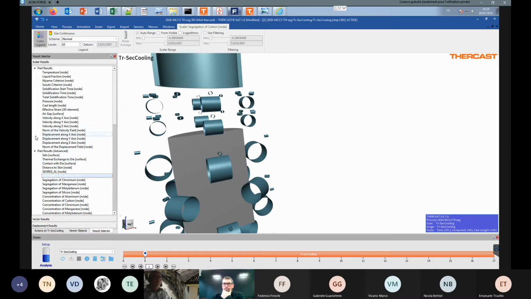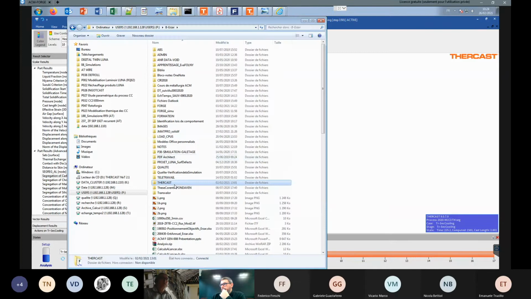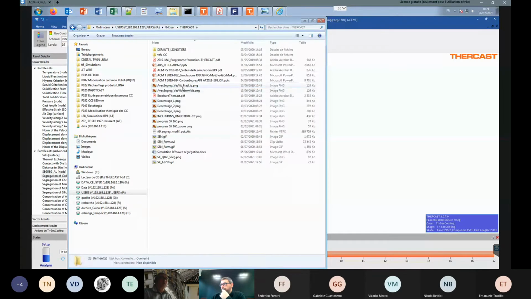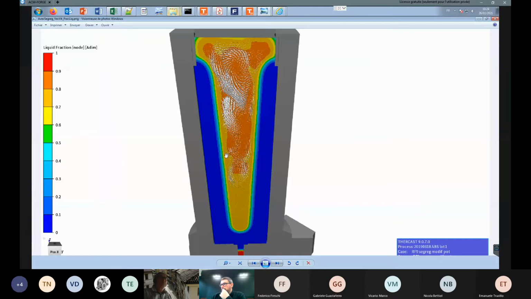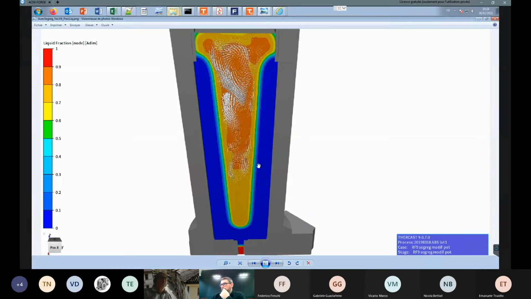So I won't present it, but maybe I have images. Yes, you have the liquid fraction here in an ingot, and you can see the flow, the convection in the molten steel here.